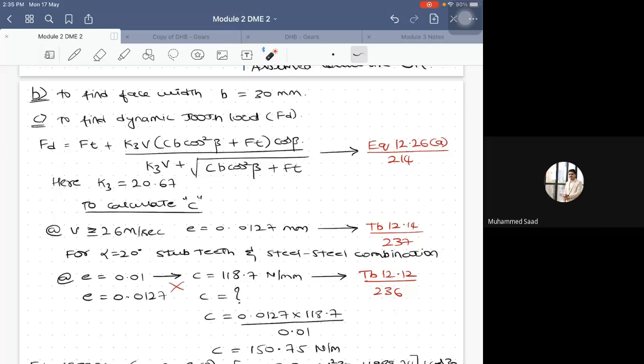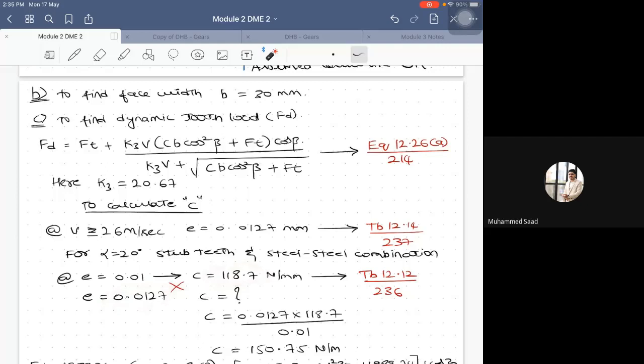For an error of 0.0127, you require a value, so you can cross multiply: 0.01 cross C equals 118.7 cross 0.0127.